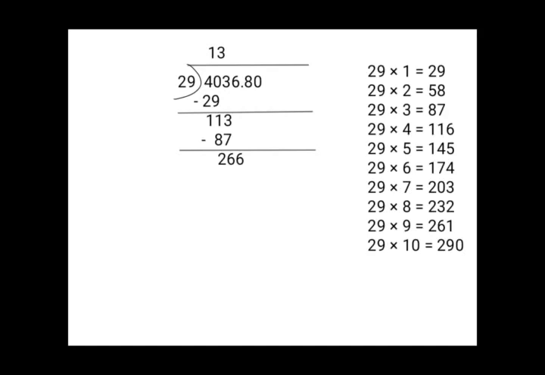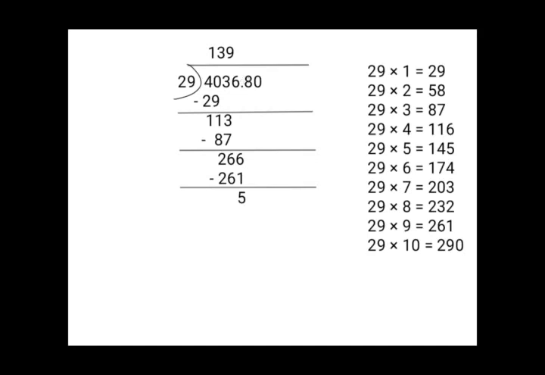Now you have to bring one digit down. That is 6. 29 9s are 261. 266 minus 261, how much? 5. Then before you bring one digit down, there is a decimal point.